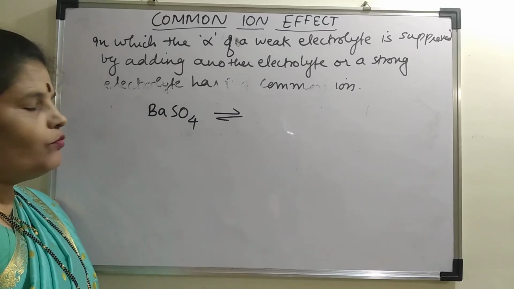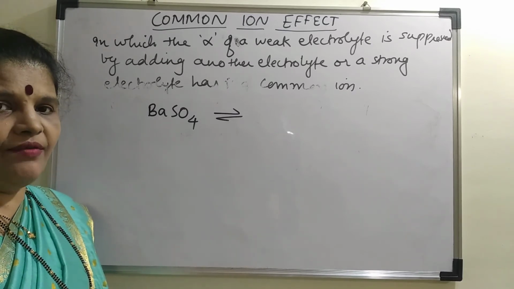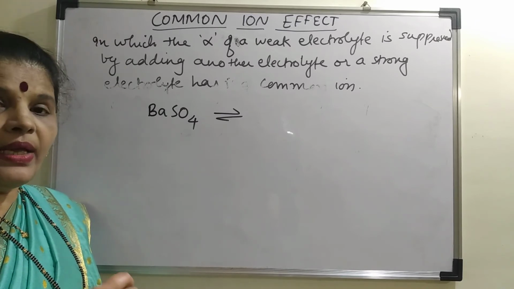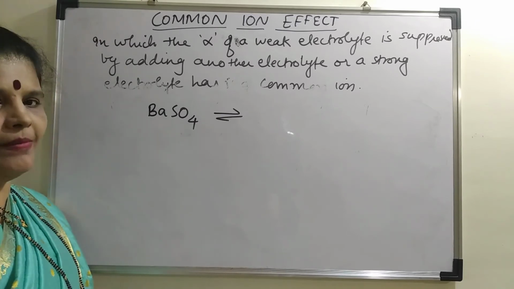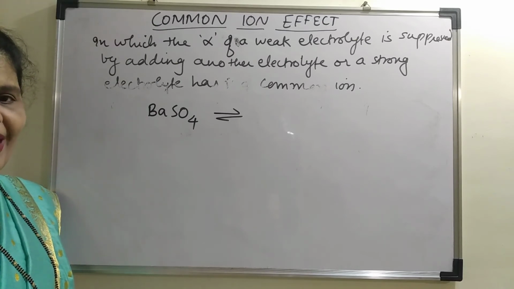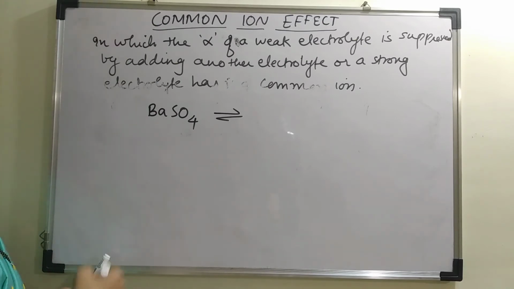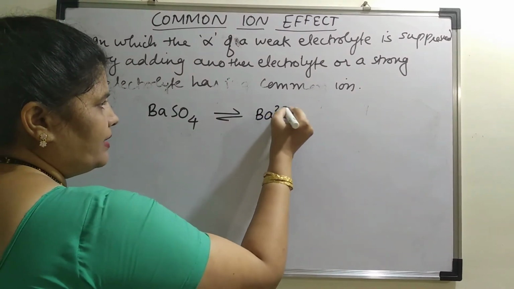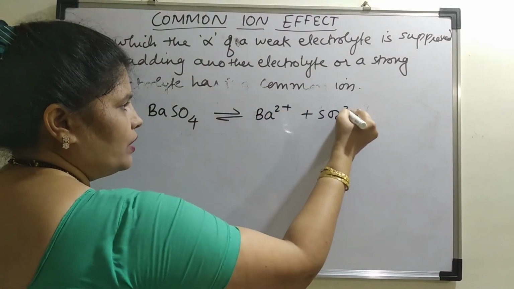But while washing the precipitate of barium sulfate, we use water which is slightly acidified with an acid having a common ion. Can you guess which type of acid it can be by the time I write the reaction? Barium sulfate will give me Ba2 plus and SO4 2 minus.